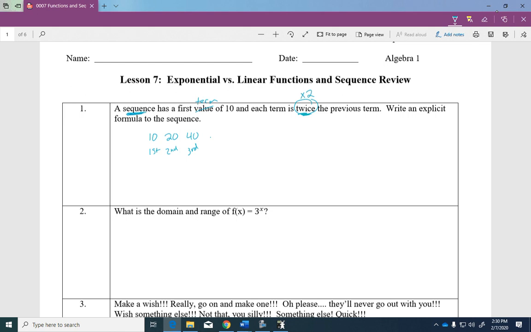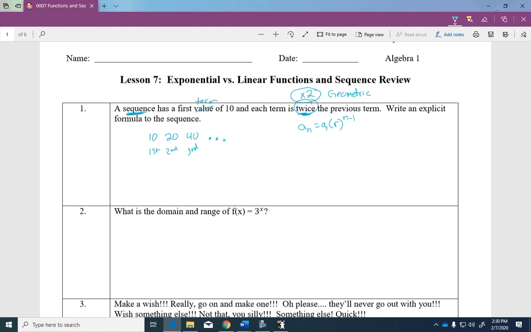It's asking us to write the explicit formula to the sequence. So we determined it was exponential because of this multiply by 2, which really means it's called a geometric sequence. And with geometric sequences, given on the Regents exam, is the formula a sub n equals a sub 1 times the common ratio to the n minus 1.